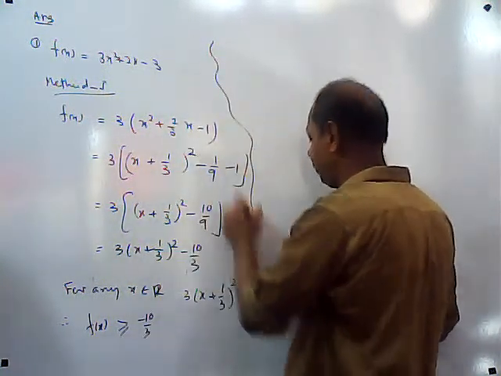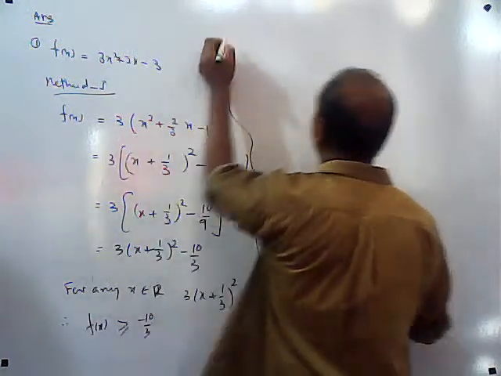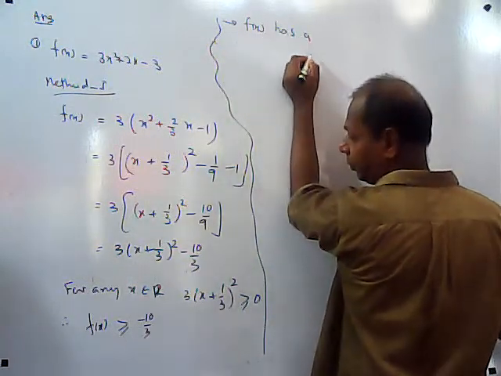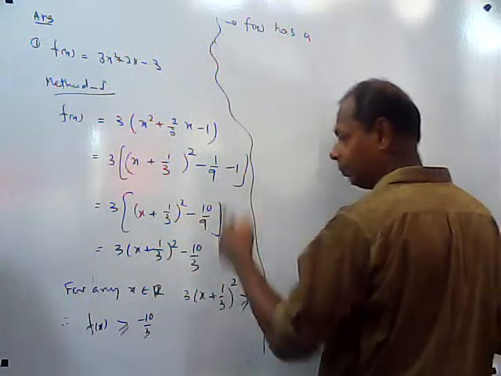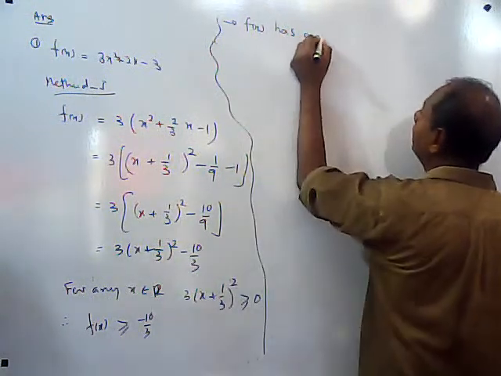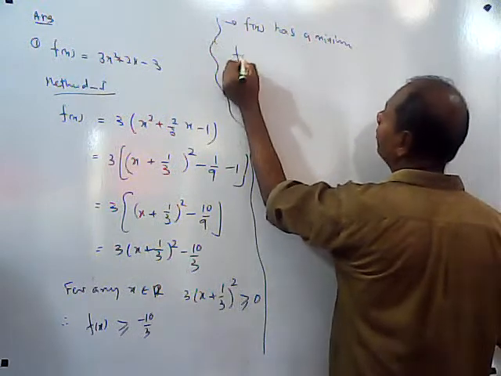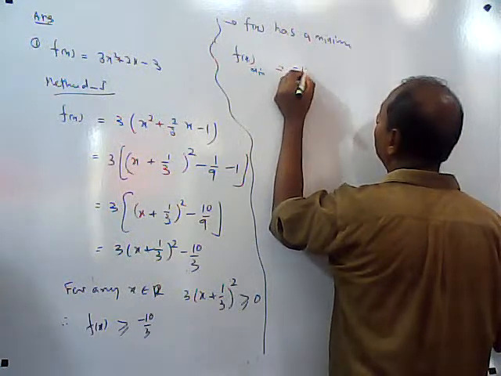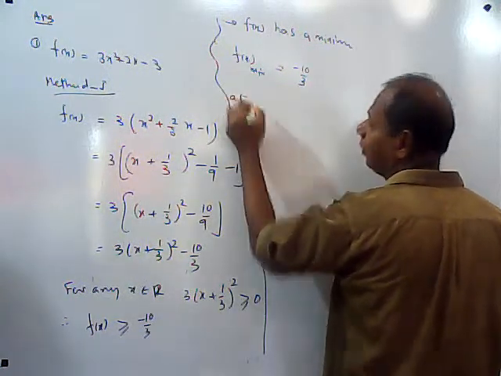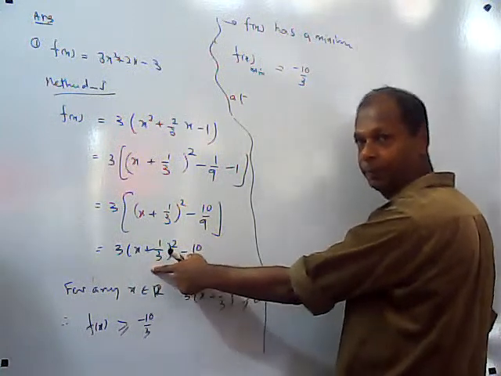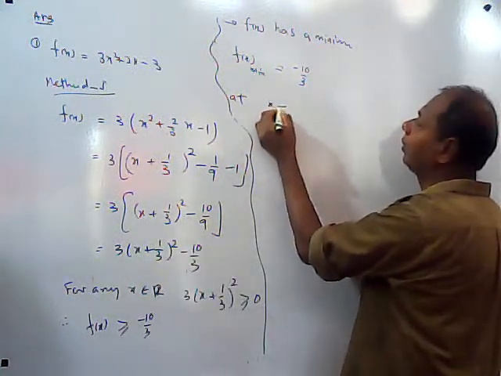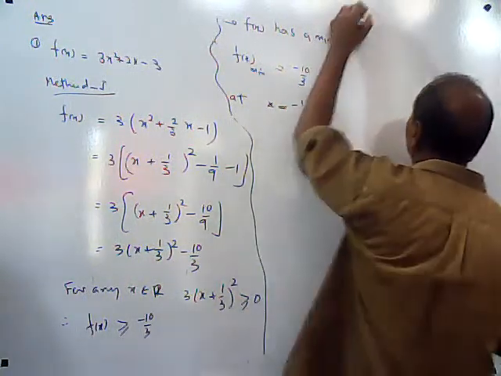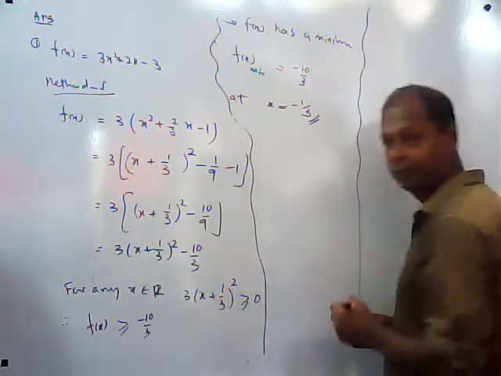So we conclude that f(x) has a minimum, and the minimum is minus 40 over 3. And f(x) is minimum when this part is equal to 0, at x equals minus 1 over 3. This is the complete answer by method 1.